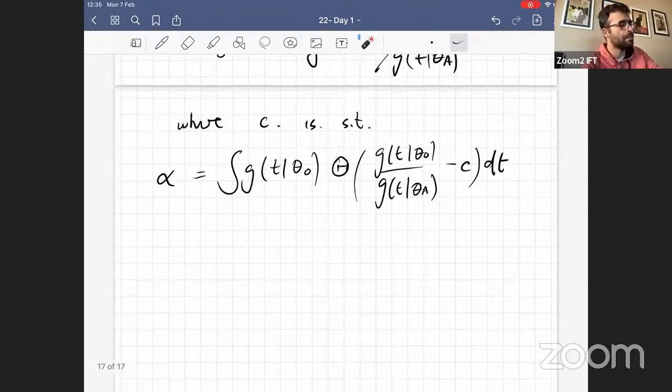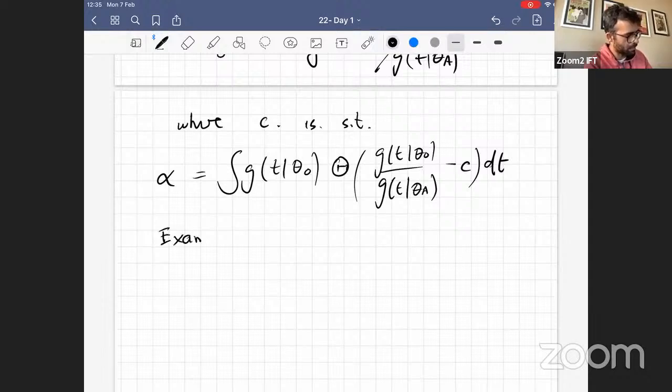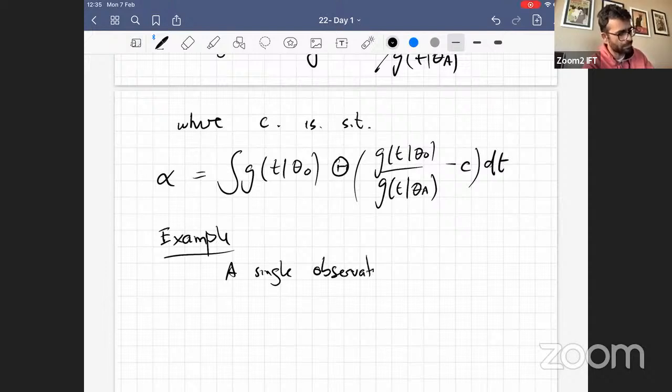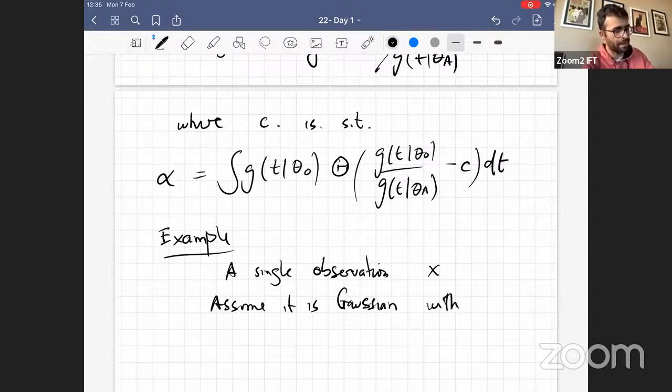So let me now put a concrete example of that. In this example, let's suppose you have a single observation. And this single observation X, assume it is Gaussian with a fixed variance, let's say.